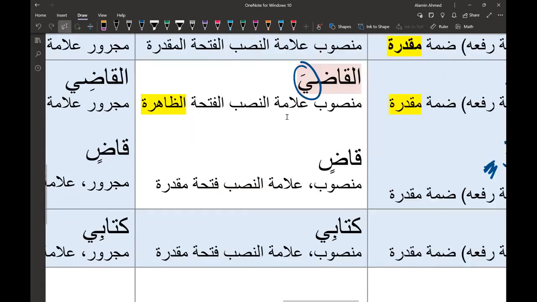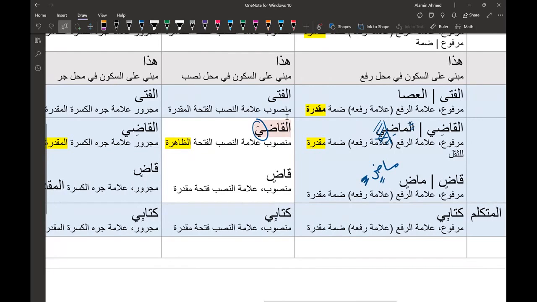Guys, the only thing you have to know about the manqus is that it is taqdiri except for the nasb. That is the main issue about the manqus. Otherwise, it would have been as simple as the other ones, right? Because everything is taqdiri. In the manqus, just remember, it is not taqdiri in the nasb.